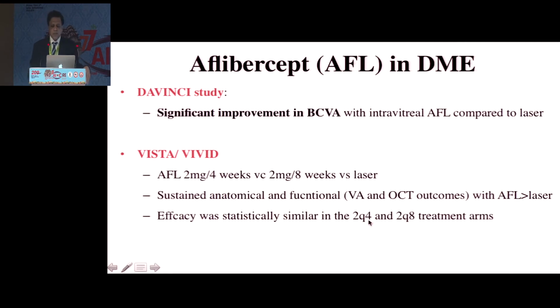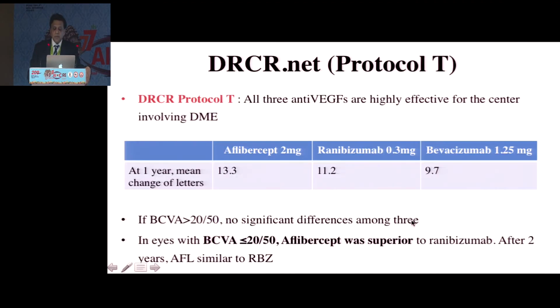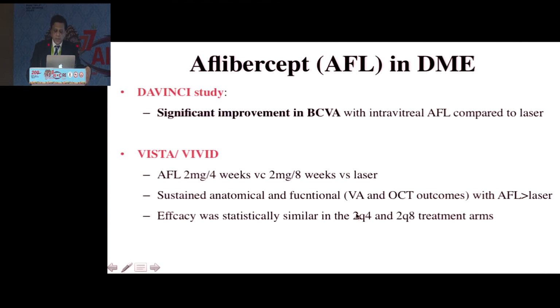That was the most important thing. Is it 2q4, that is, you give every 4 weeks, or every 8 weeks? This is 2 milligrams of aflibercept at 4 weeks, 2 milligrams of aflibercept at 8 weeks. The effect was similar.